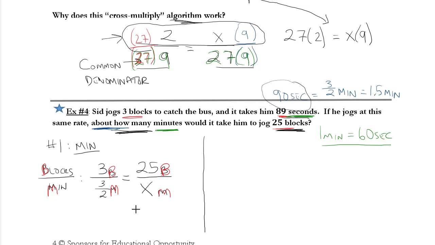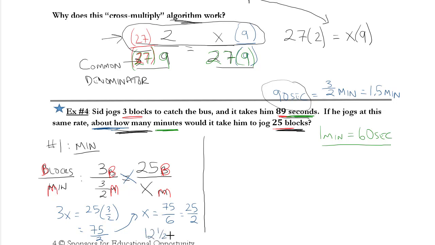And we can cross multiply and solve. It does get a little ugly. Let's just do it really quickly, but it's nothing we can't handle. So 3x is going to equal 25 times 3/2. 3x is going to equal 75 over 2, and we can divide by 3 to get that x is equal to 75 over 6, and we can simplify that to 25 over 2, which is 12.5 minutes.